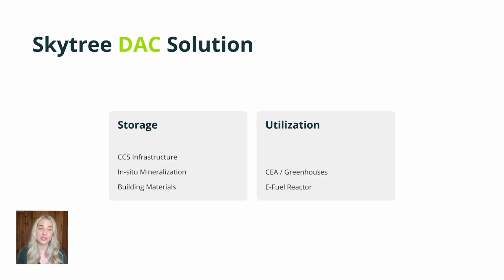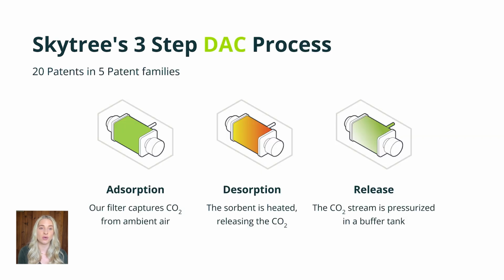So when you capture the CO2 using direct air capture, there's typically two things you can do with it. You can store it permanently, which is done in many industries outside of controlled environment agriculture, or you can capture it and utilize it, such as in a controlled environment agriculture environment. And the way that direct air capture works is you have a unit, and within that unit you have a filter.